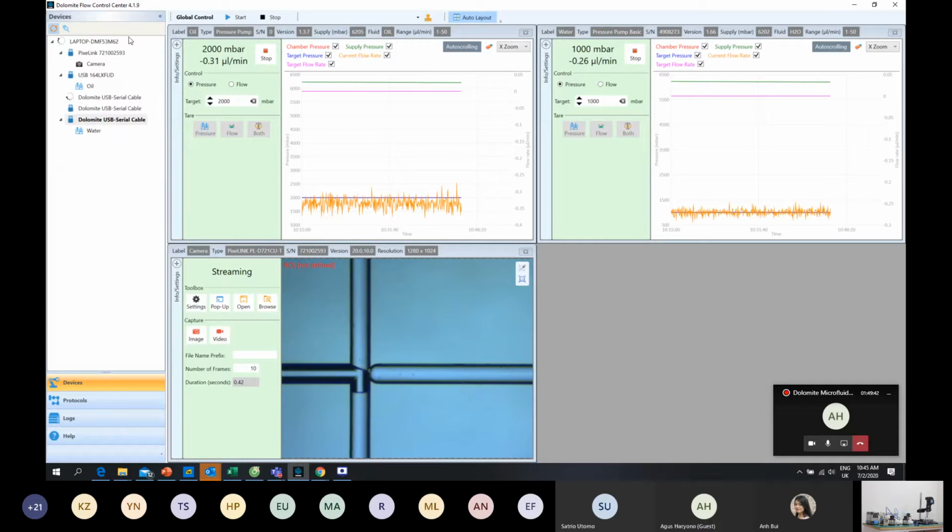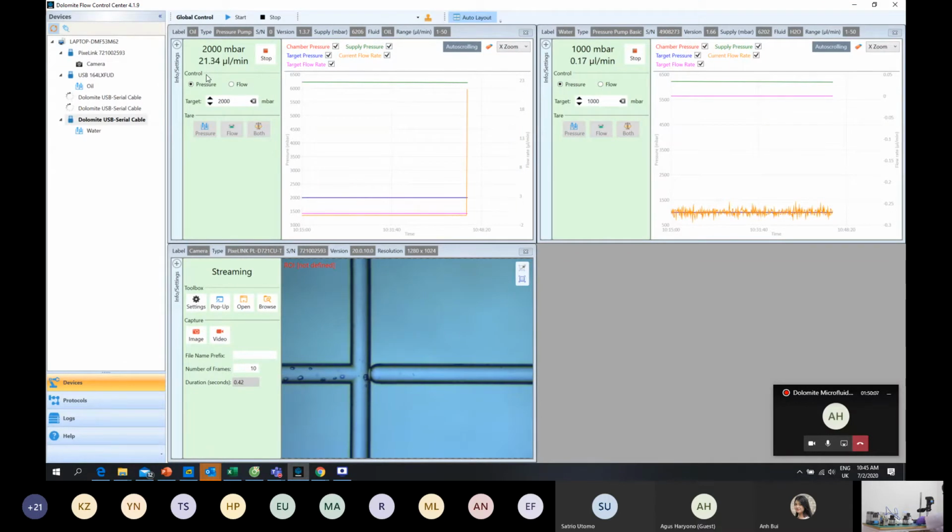Now I will open the valve first, starting with the oil phase. Now you can see the oil passing through as the continuous phase, and the flow rate is around 20 microliters per minute.